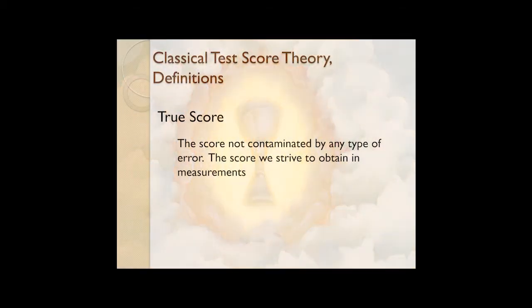But there's one more component to our formula for a score. That's essentially the Holy Grail. What we're looking for, what anyone is looking for when they do measuring. And that's the true score. And the true score is not contaminated by any kind of error.